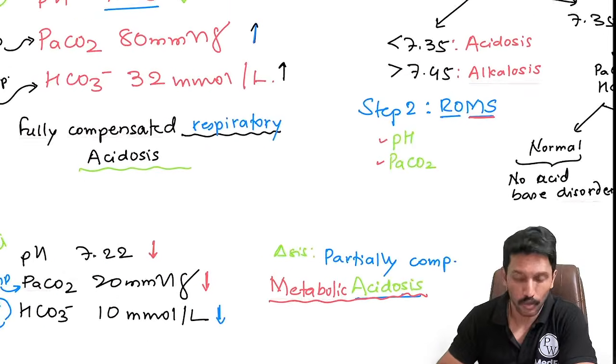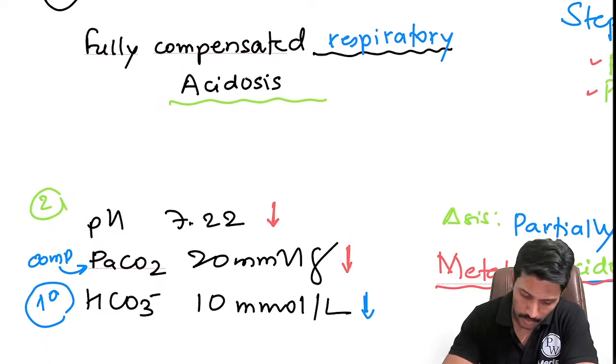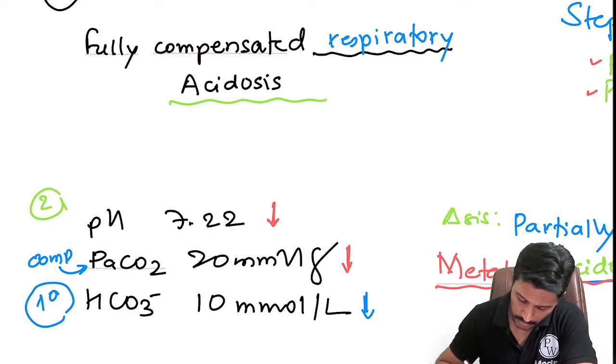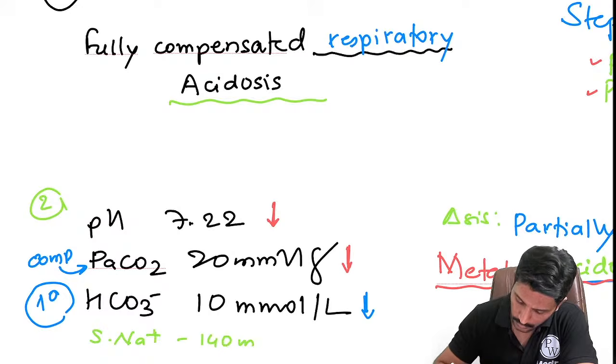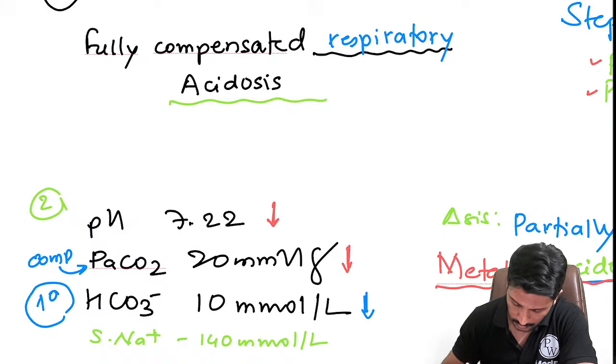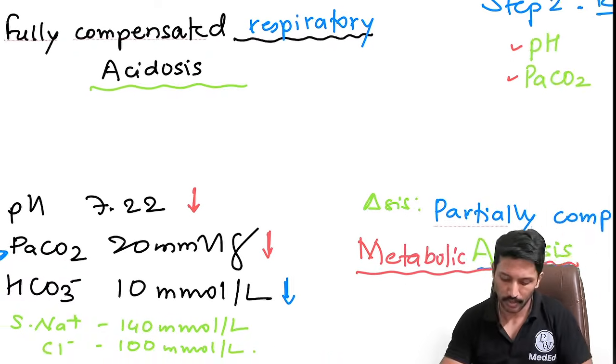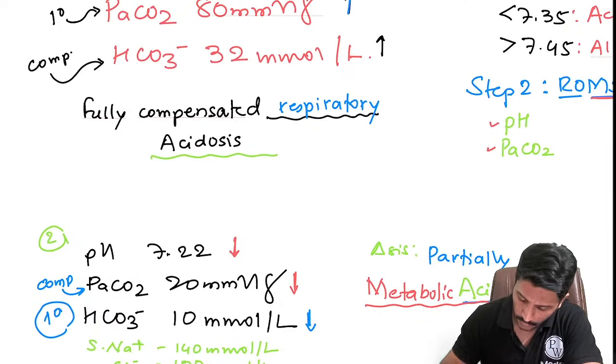So we had one question on metabolic acidosis. Let me add the extra information that we need. This patient's serum sodium is, let us say, 140 millimoles per liter, and this person's chloride value, let us say, is 100 millimoles per liter. Can we calculate the anion gap in that case?